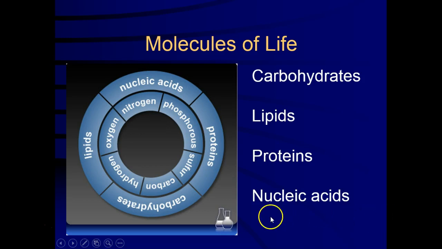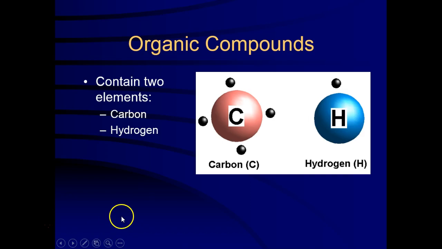Now, what the heck is an organic molecule? Organic molecules are molecules that always contain two elements. Those elements are always going to be carbon and hydrogen. Even though carbon dioxide is a common waste product of the body metabolism and found in our atmosphere, it is not considered to be an organic molecule.